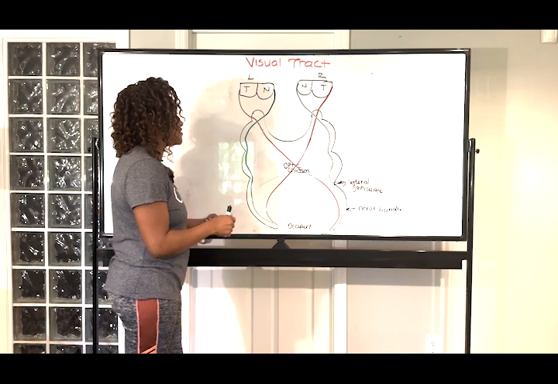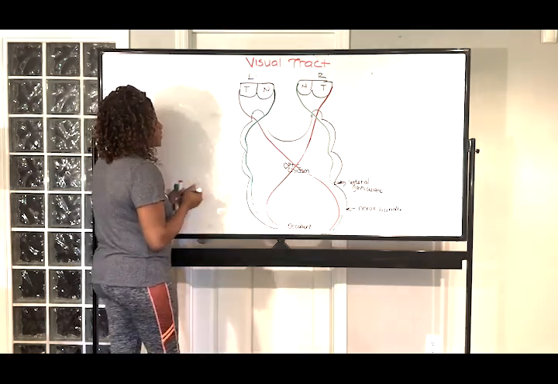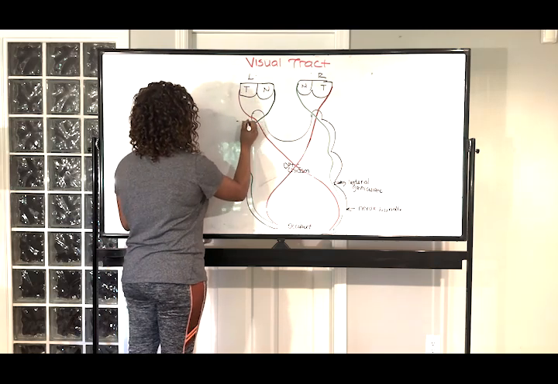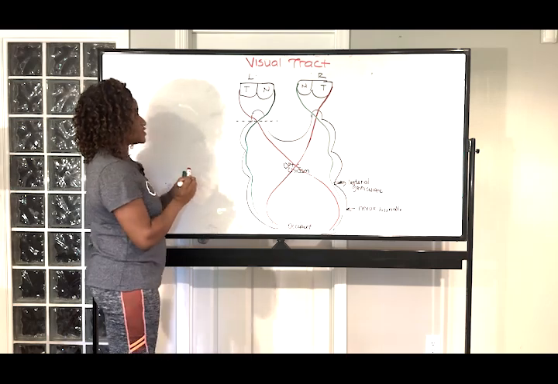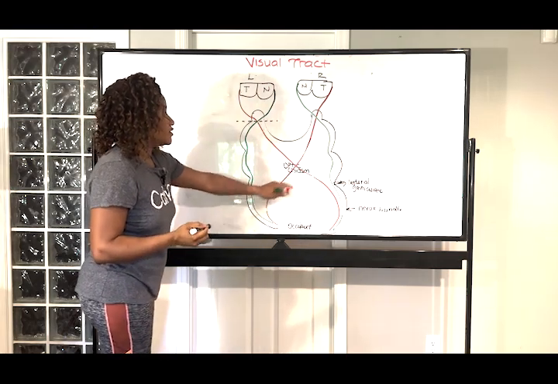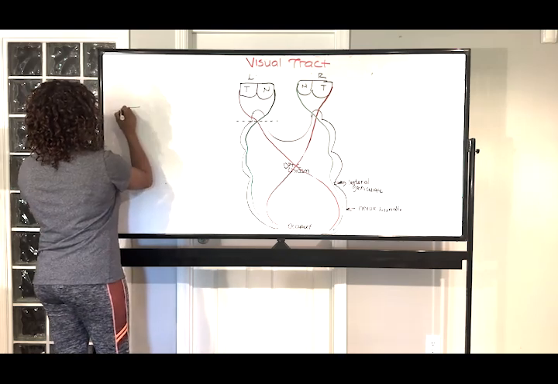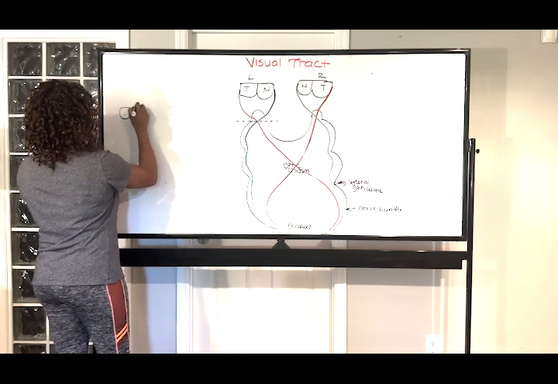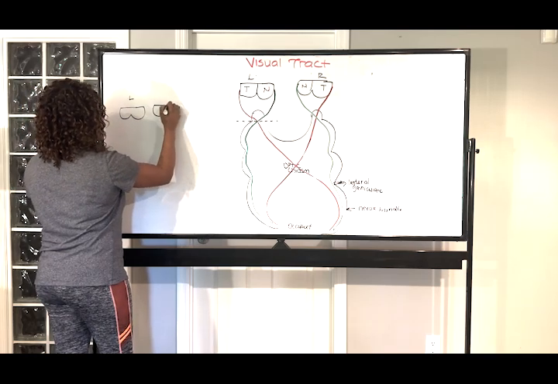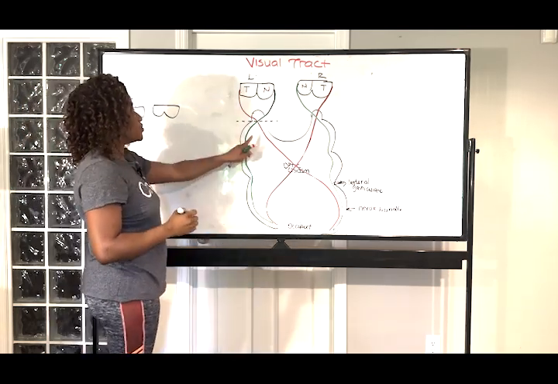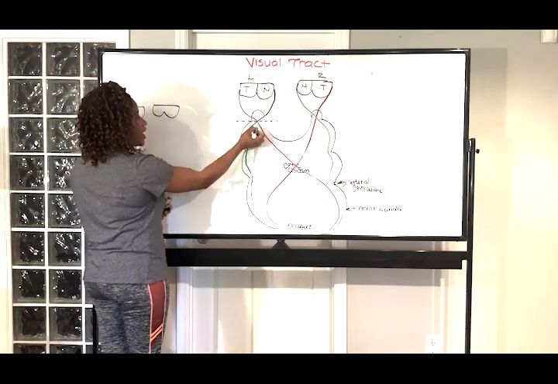Now let's put some of this into application. Let's say we have a lesion right here, before we even got to the optic chiasm. So this is going to be our left eye, and this is going to be our right eye. What is here is going to be the fibers.